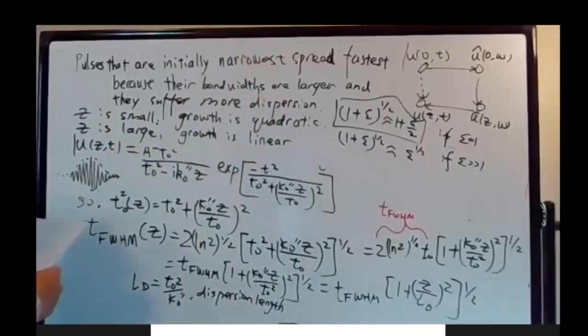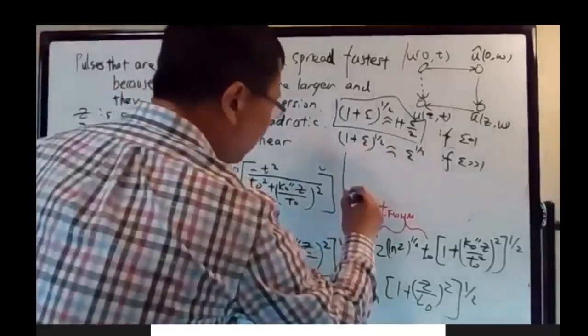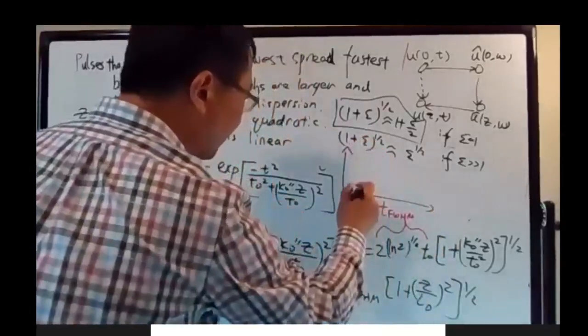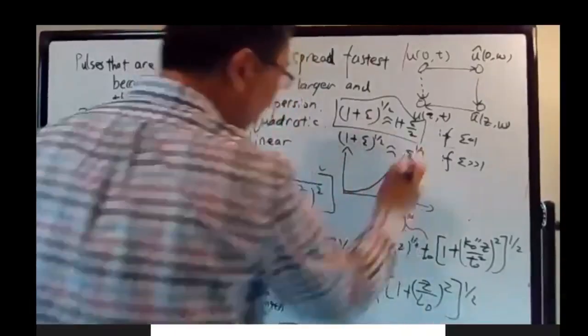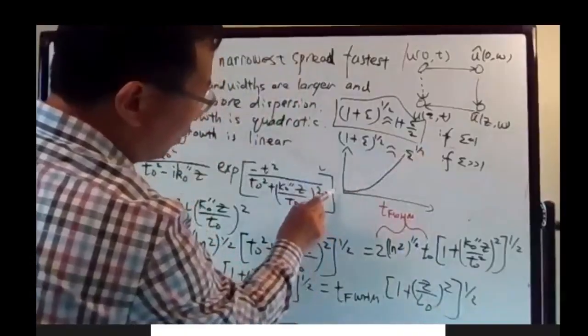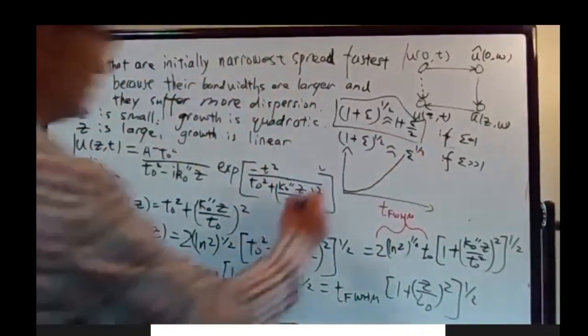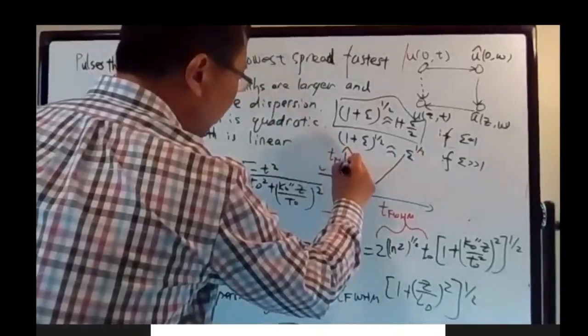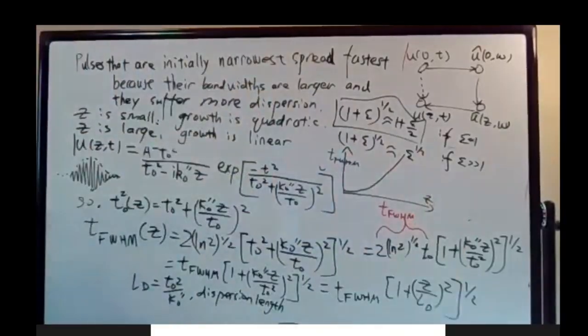So it looks like a function like this: at the beginning it's quadratic, and later it's linear. This is the T half maximum, and this is Z. So that's how a pulse will broaden.